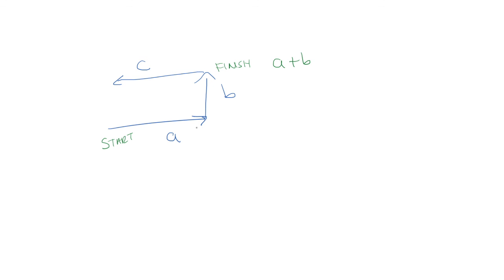Now let's look at two or more vectors. Let's say we have vector A, vector B, and vector C. First, let's look at A plus B. For A plus B, this is my start. This is my finish because they have initial to terminal.